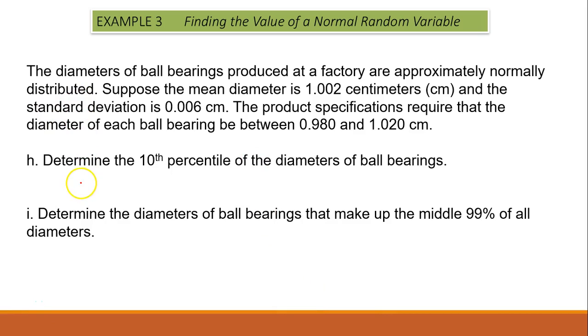So for the 10th percentile, the corresponding z-score is equal to negative 1.28. And then if we use this formula here, we will find the diameters that we are looking for.